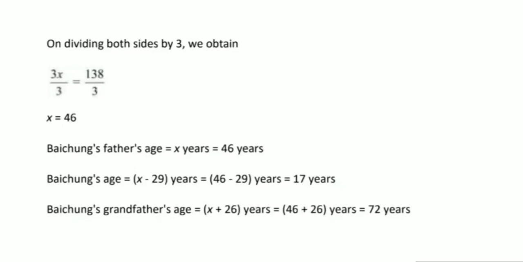So Baichung's father's age is x years, means 46 years. Now Baichung's age is what? x minus 29 means 46 minus 29. This is what? 17 years. Now his grandfather's age is x plus 26. So 46 plus 26. This is 72 years.